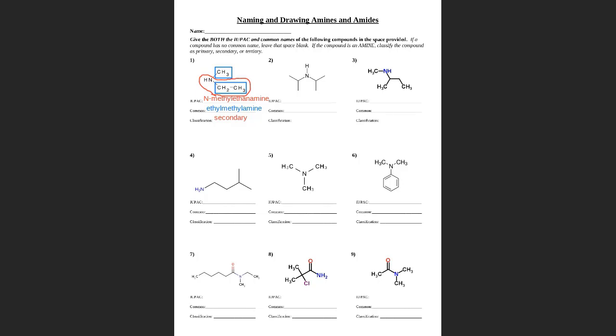Once again, for the common naming, I'm just going to do each side and treat it as a branch. Each one of those is a 3 carbon branch with a split. So that would be isopropyl.